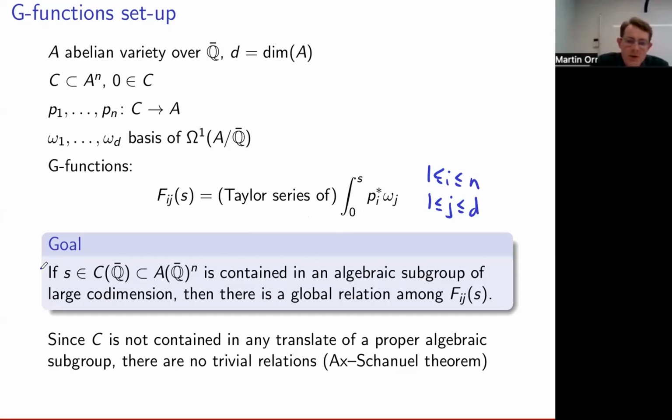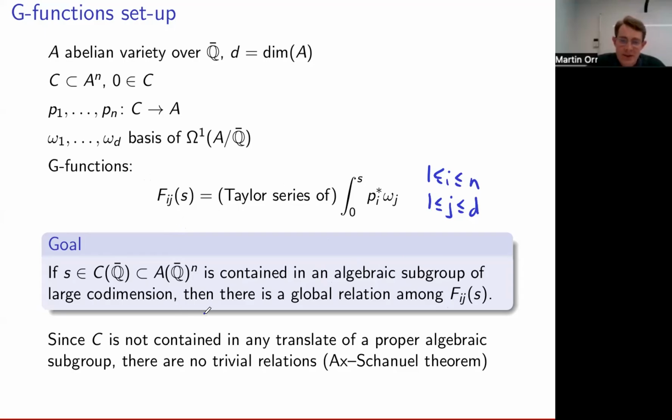So our goal is going to be to prove that if we've got some point in our curve C which is contained in an algebraic subgroup of large codimension, sort of the large codimension that I wrote down earlier, then we want there to be a global relation among the values of these G-functions at that point. And then we'll apply the Bombieri and André theorem to get a height bound for those points.